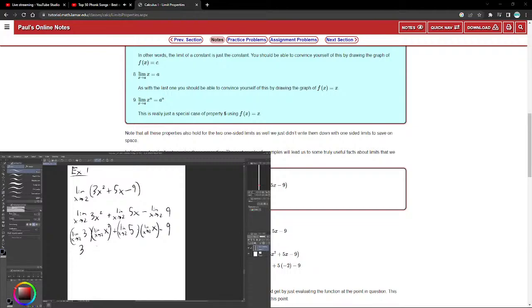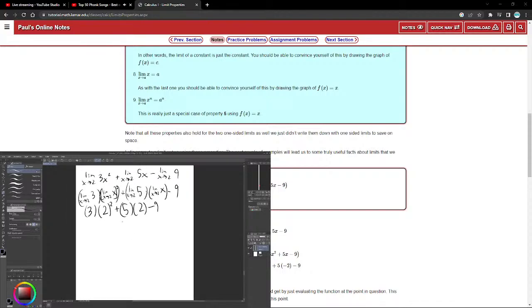This is 3 times, we can put this on the outside like this, which would be 2 squared plus 5 times 2 minus 9.